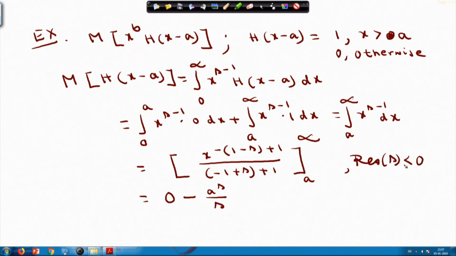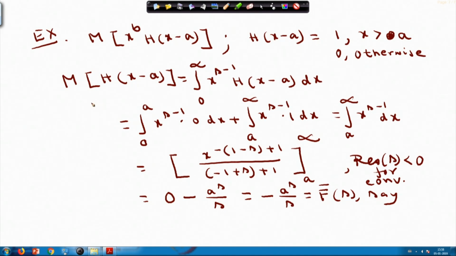This is always true for convergence, so please note that we have used that. So, the value of this integral is minus a to the power s by s, and we say this equals f bar s. Therefore, the Mellin transform of the Heaviside function or unit step function H of x minus a equals minus a to the power s by s.